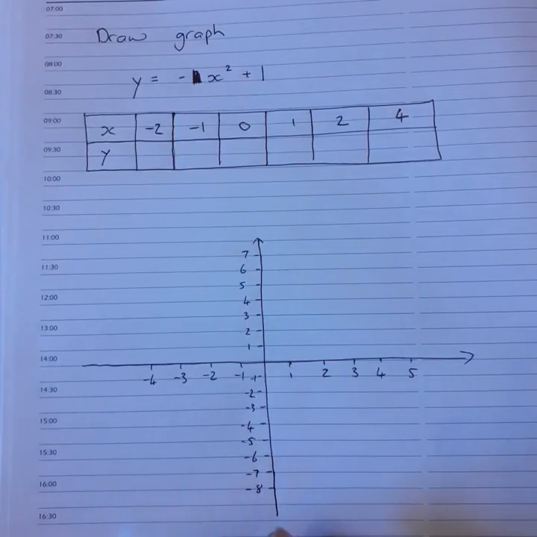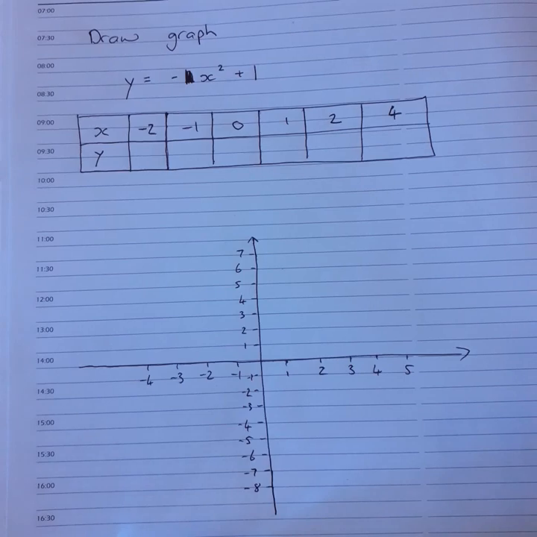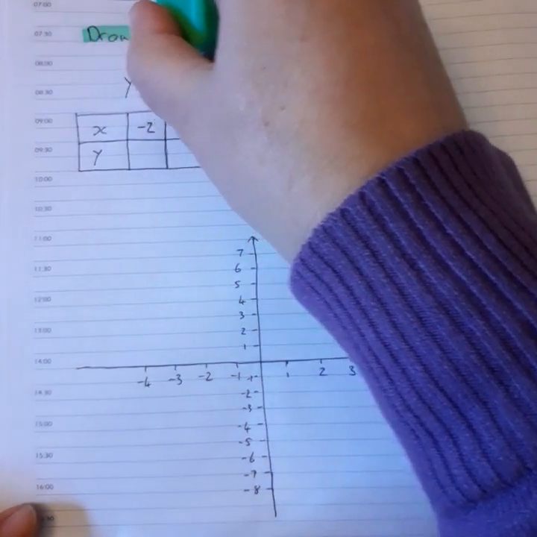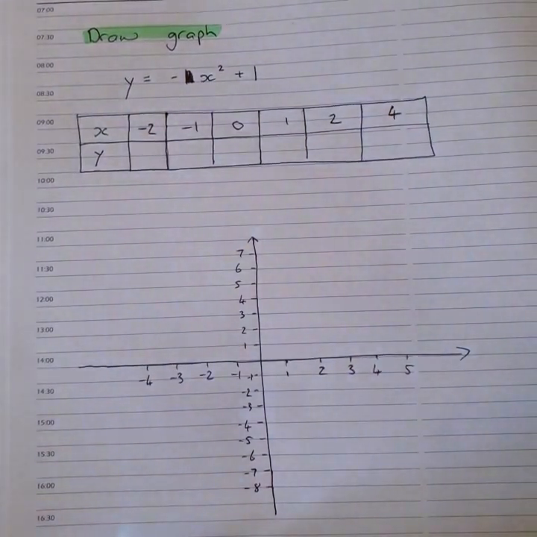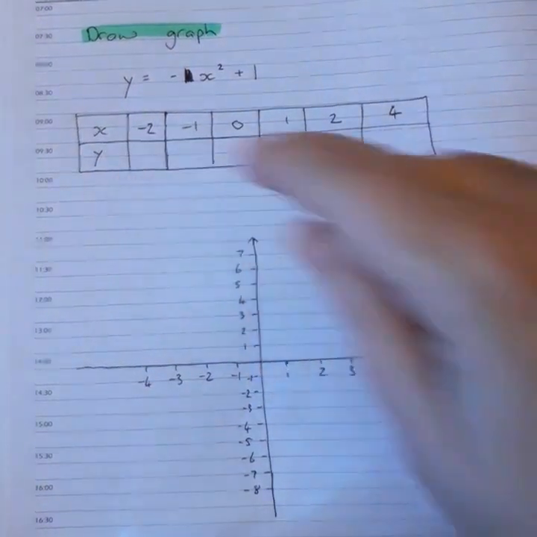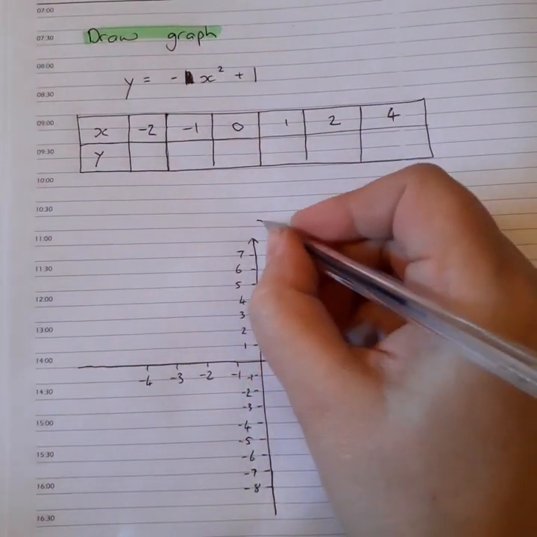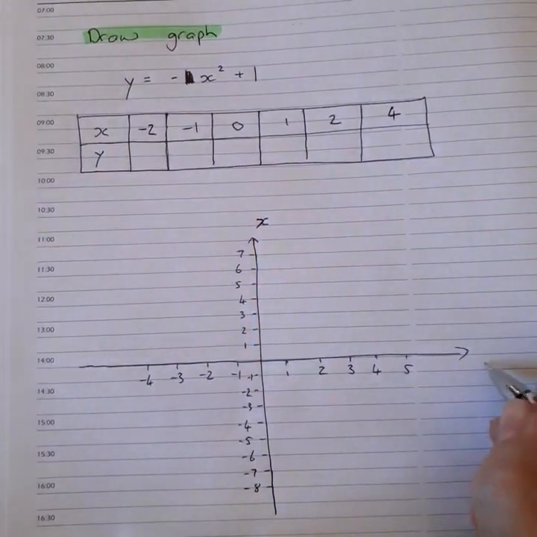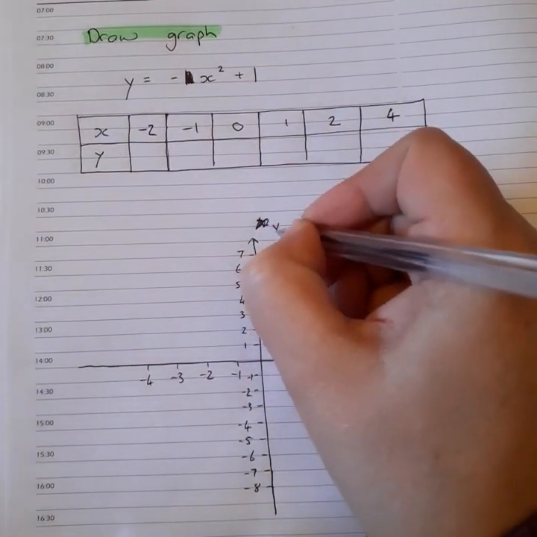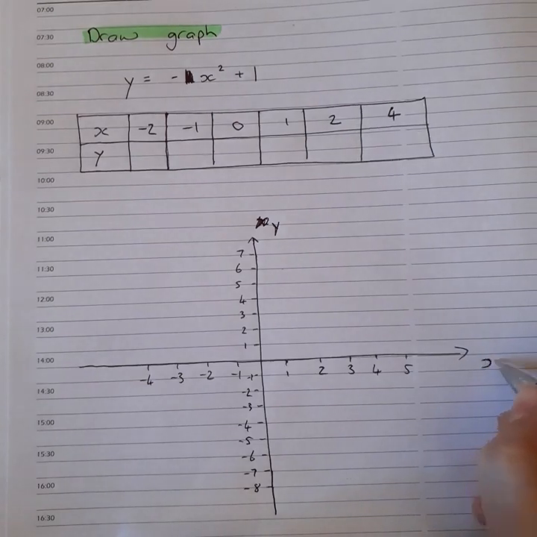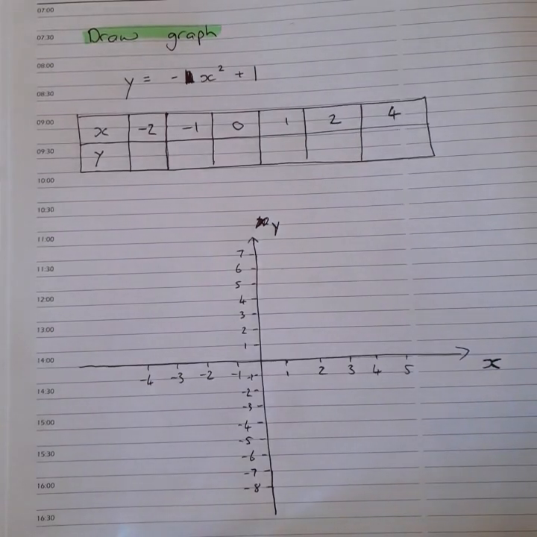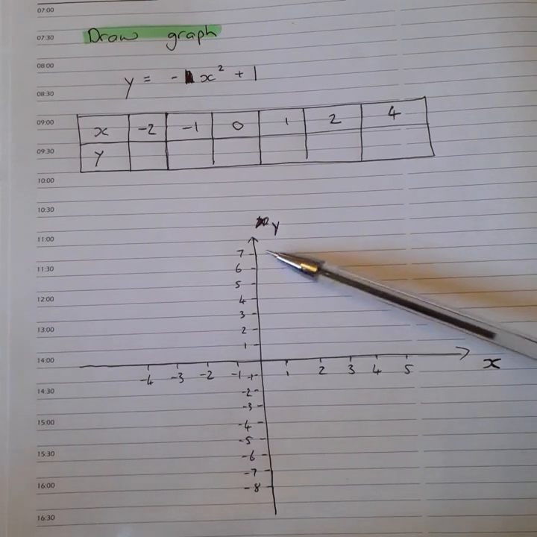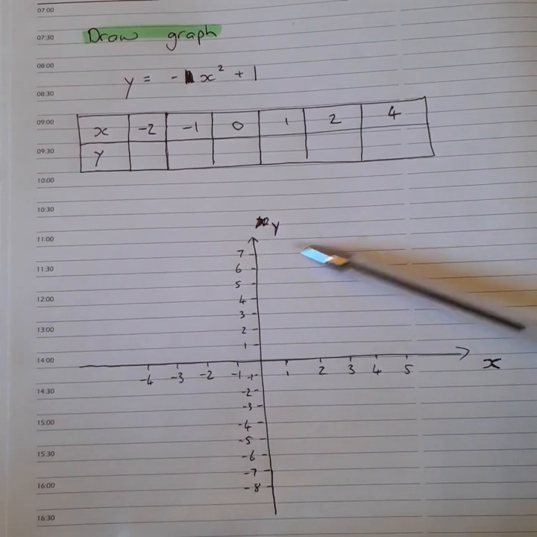Okay, now in this sum, we're going to sketch the graph. So hulle vra vir ons, nou moet ons die grafiek teken. Okay, we can't draw the sketch if we don't have an x and a y. Ag, wat maak ek? Daar's 'n y, daar's 'n x. Okay, so now, I hope you remember from last year, these are coordinates.